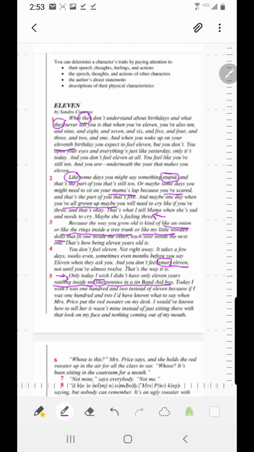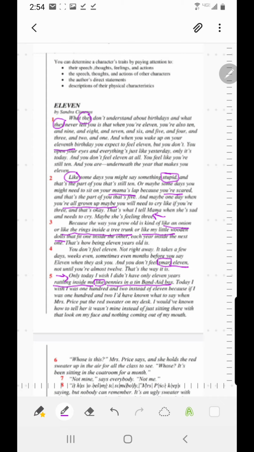Today, I wish I was 102 instead of 11." So what she's saying is she wishes she was older than what she really was. She wishes almost like there were more layers, more rings in her, more dolls inside of her. Because again, you're starting to see that she really does equate age with wisdom and power, almost like agency, right?